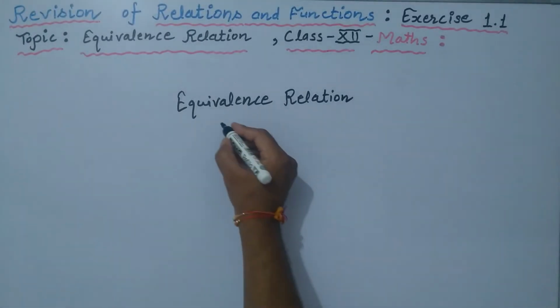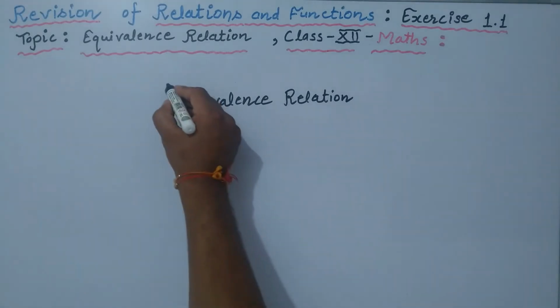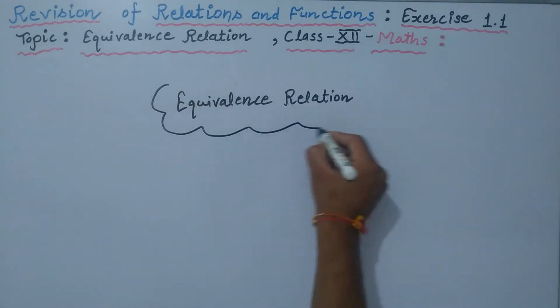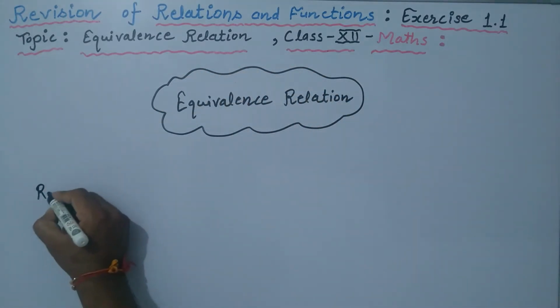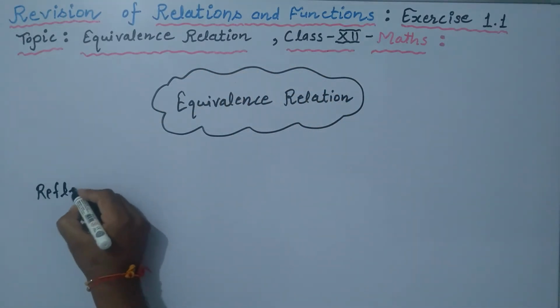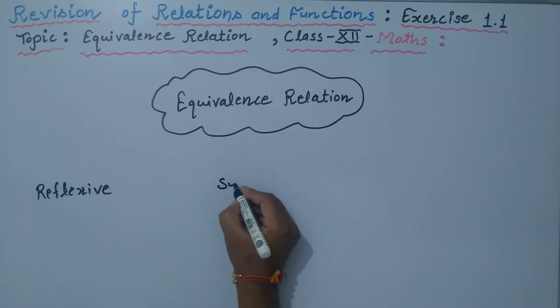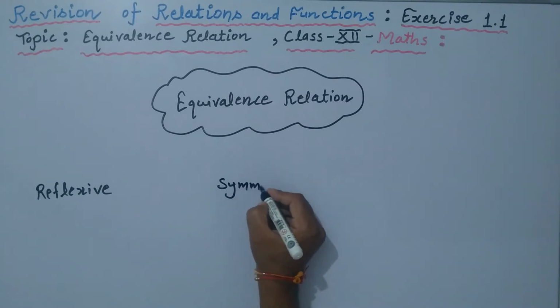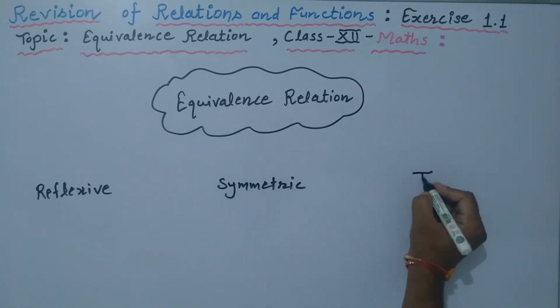A relation R is called an equivalence relation if it is number 1, reflexive, number 2, symmetric, number 3, transitive.